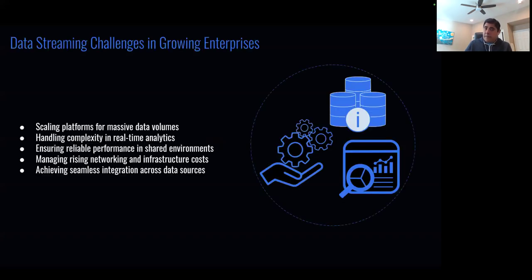This could vary across many different areas. Just picture this: you are a bank or an e-commerce company generating petabytes of data per day.